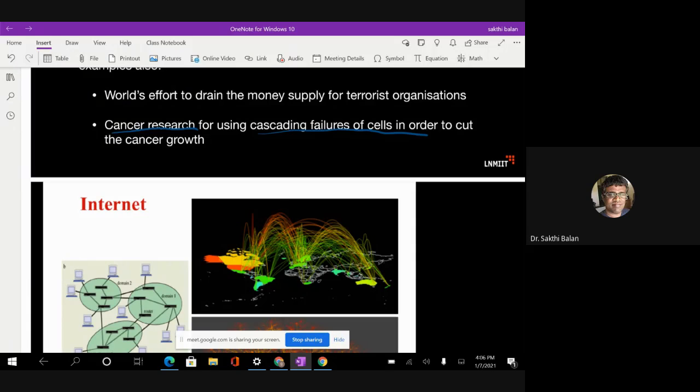We also looked at the motivation to study this, and some of the necessities to look into these kinds of analysis. For that, we took some case studies and explained them. All these case studies are explained in Barabasi, so if you want more details, please have a look at Barabasi's book on network science.